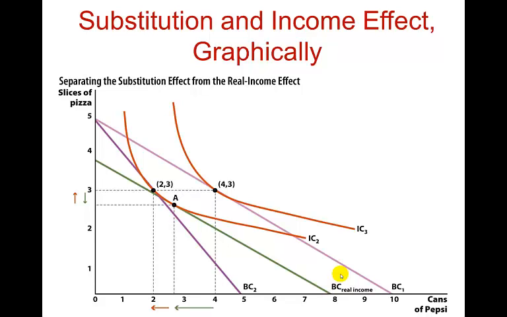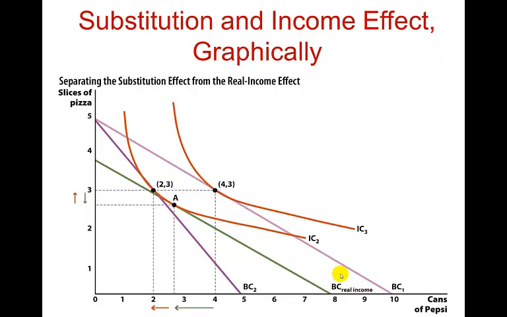So the tangency point between this new budget constraint and IC2 is a point labeled A. The movement from the original consumption point, 4 Pepsis and 3 pizzas, to point A shows the income effect. How did our consumption change due to only changing the real income, not changing the relative prices? So this is a jump between two parallel budget constraints, showing a change in the budget.